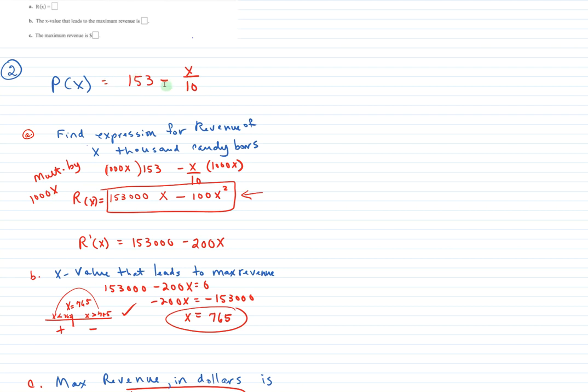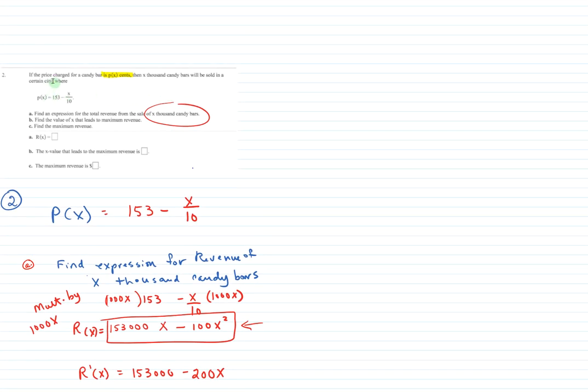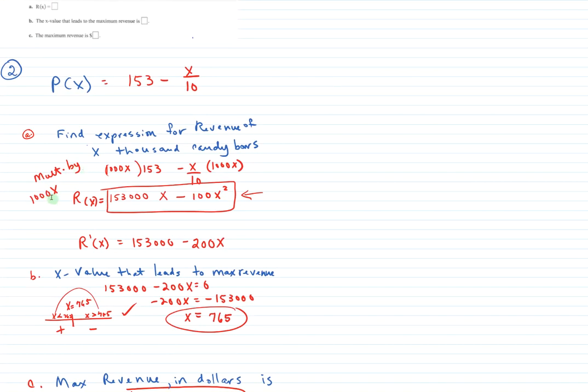Take this expression, which was the price for a candy bar, and we're going to multiply by 1000x. So 1000x times 153 minus x over 10. And we end up with the revenue of this. This is our revenue function.